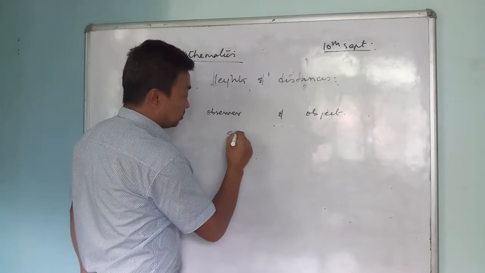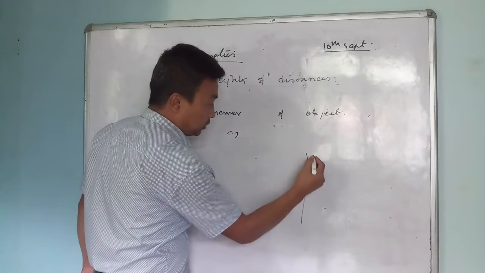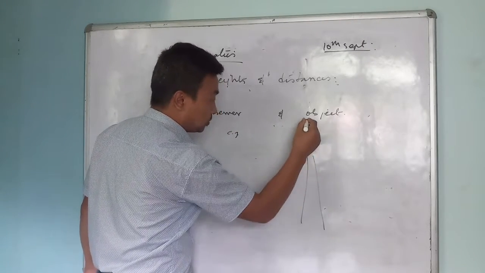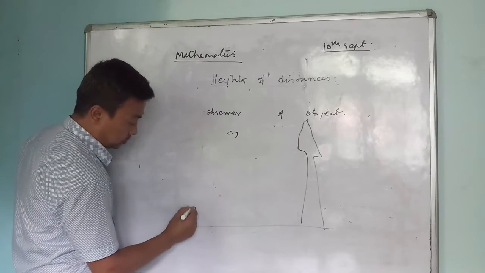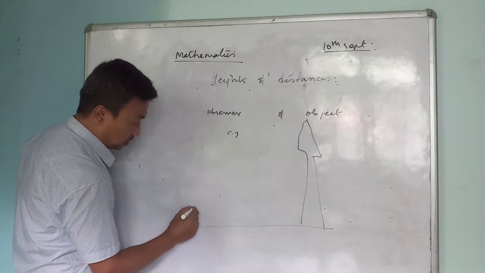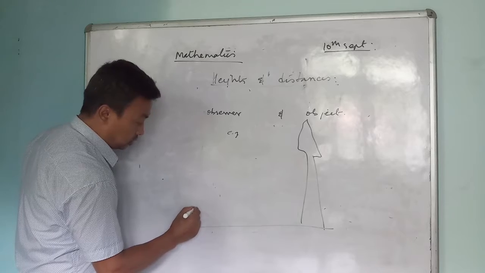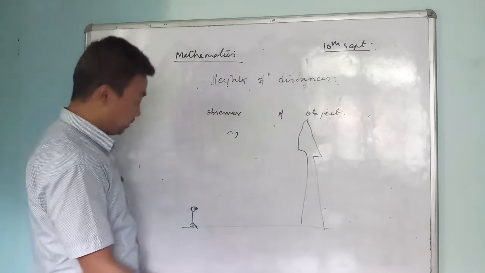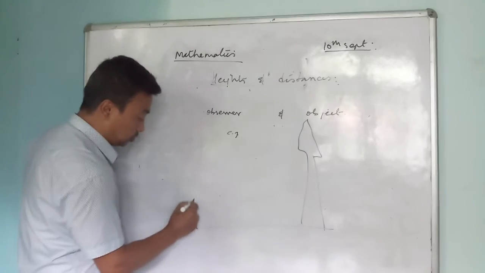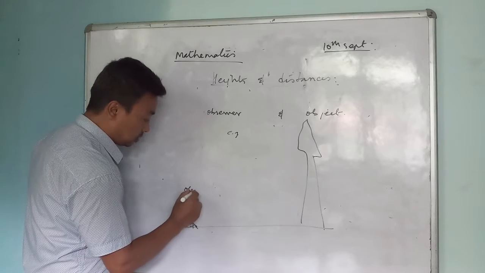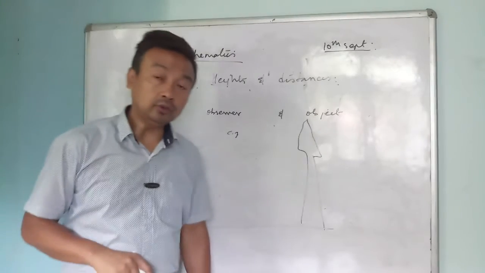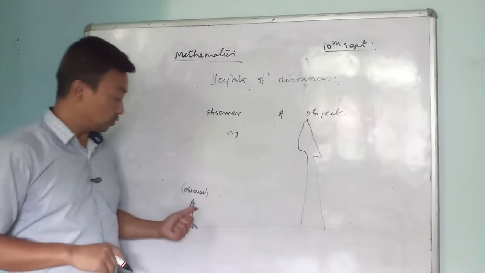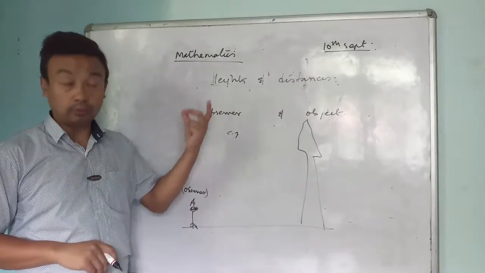Let us take one example. You have a tree here, and this is the ground, and you are there. You are observing, you are seeing, so you become the observer, let us say point A. The observer is the point from where you are trying to see some object.